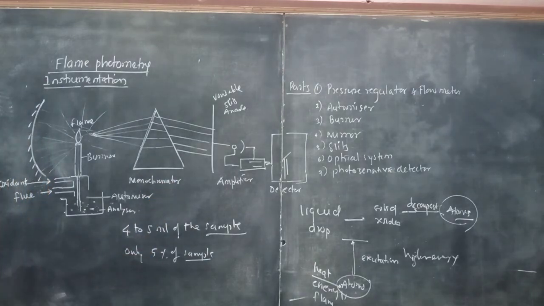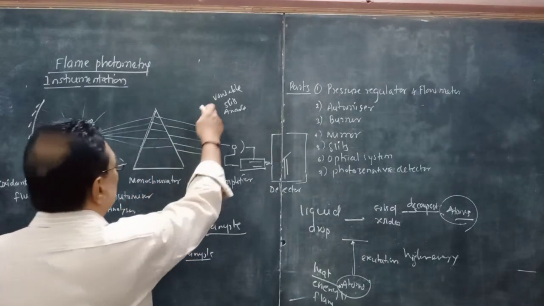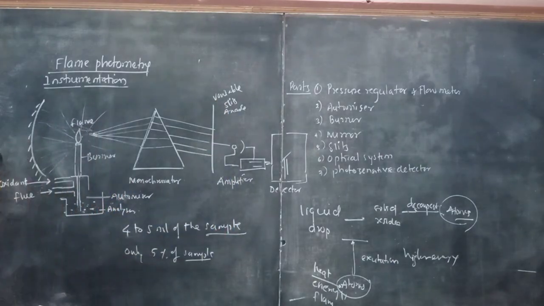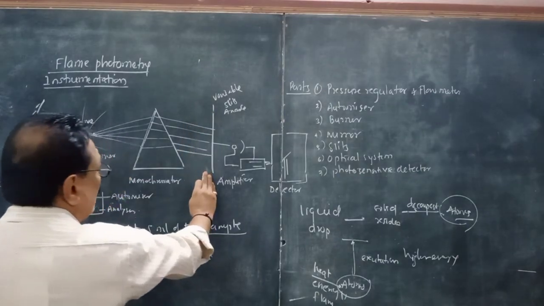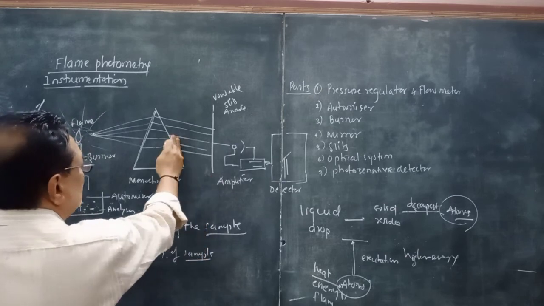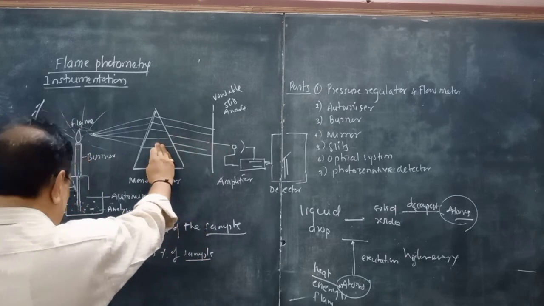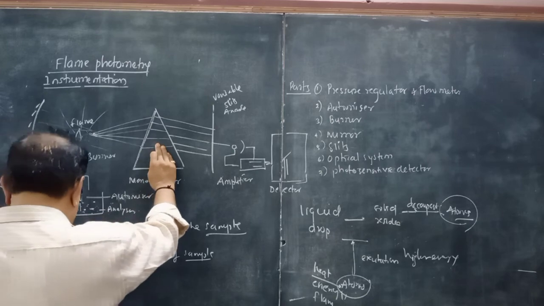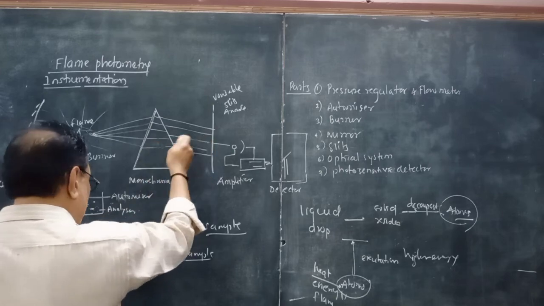Then, when the radiations pass through the monochromator, there is a slit placed. Variable slits are placed at the entrance of the monochromator.